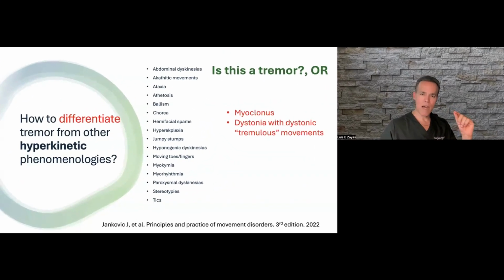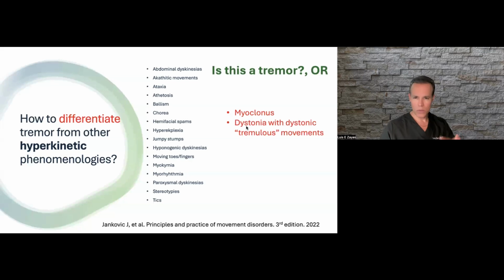In movement disorders, we divide the pathology into two areas, hyperkinetic or hypokinetic. In hyperkinetic movement disorders, we have many phenomenologies. The most common ones are tremors, myoclonus, and dystonia. Also, a very common one is chorea, but chorea is pretty easy to differentiate from the other ones.